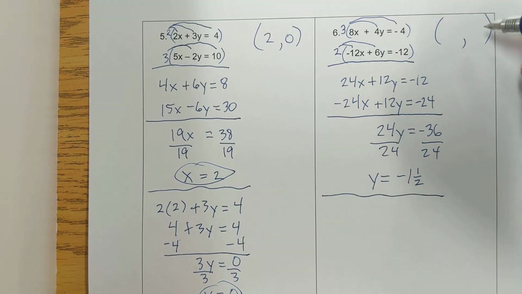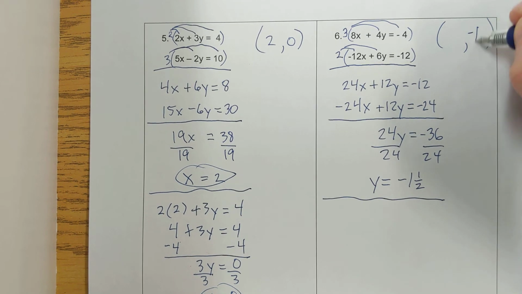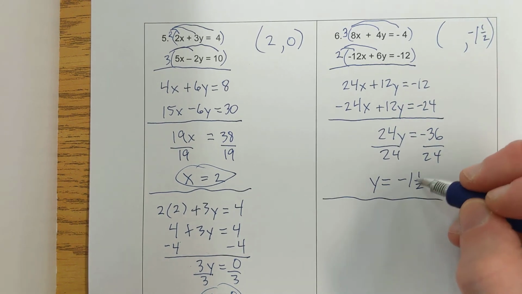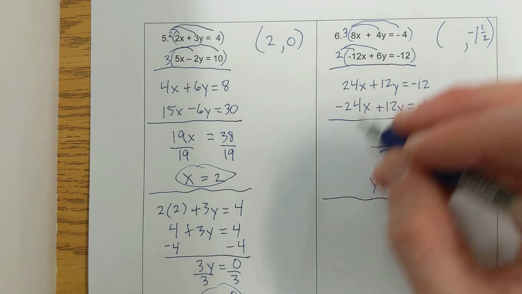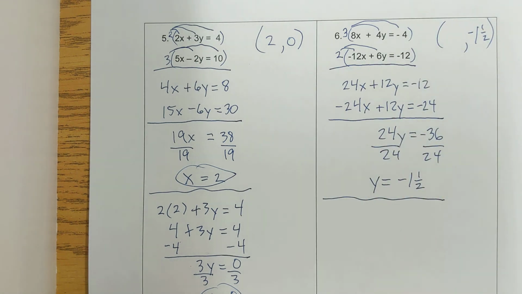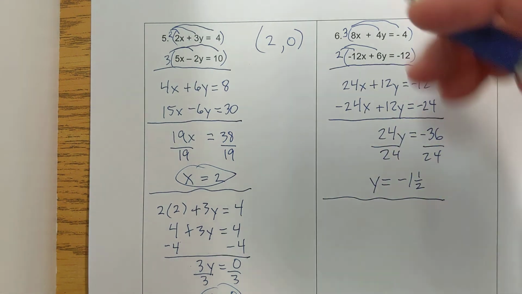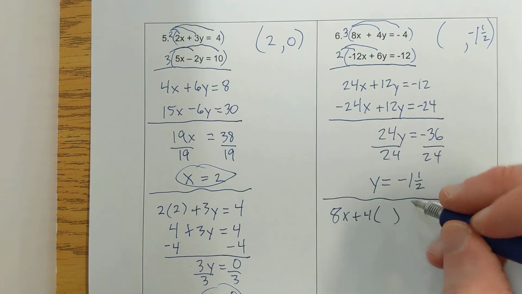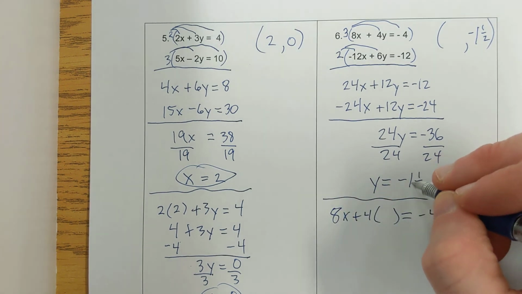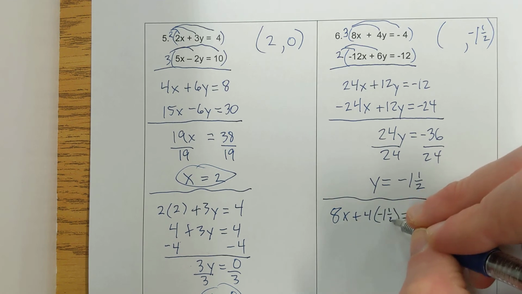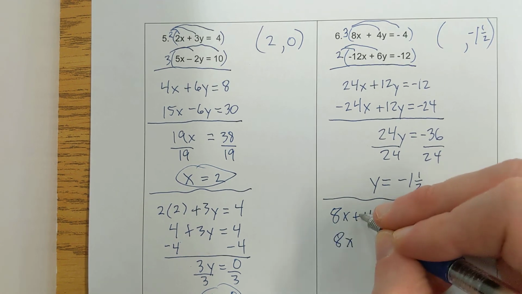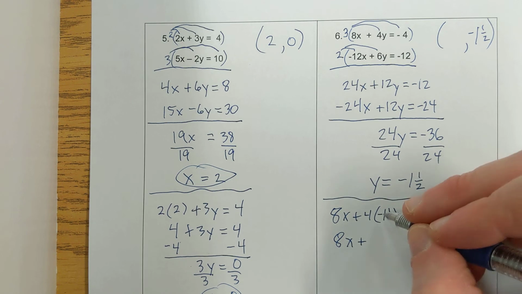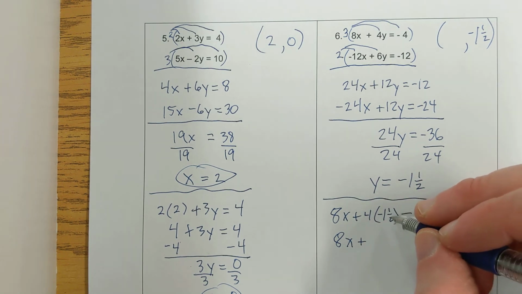So we go up here for our ordered pair. We got negative 1.5 right here, and we're going to plug this into whichever one we'd like. I'm going to go back to the first one, the 8x plus 4 times y equals negative 4. So I move in the y, the negative 1.5. I get 8x. Use your calculator for this. You can certainly use negative 1.5.